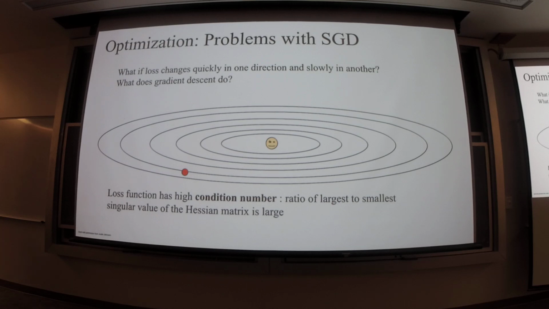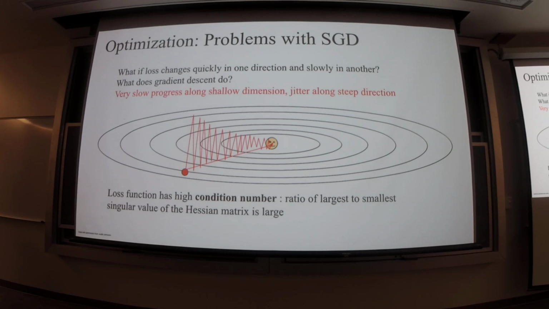This can happen when you have a very steep direction in one part of your loss and a very shallow part in another. In that case you'll get some horrible behavior. You want to go straight to this happy face, the local minimum, but you might jump all over the place, and if you have the wrong step size, the wrong learning rate, this could be really bad.